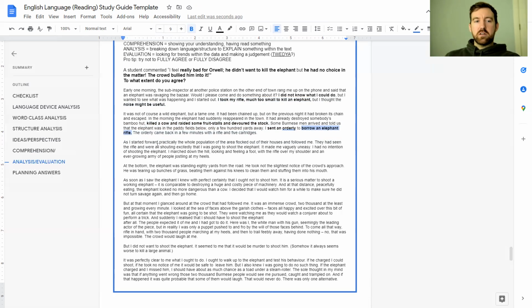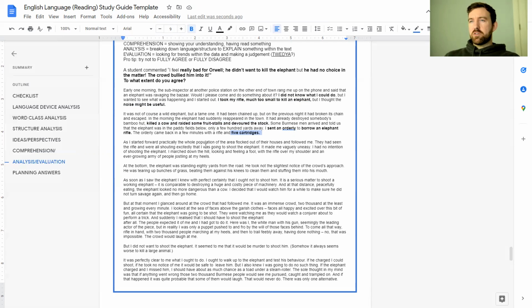So we can infer from that it's a rifle intended to kill an elephant. The orderly came back in a few minutes with a rifle and 5 cartridges. Now, even just the imagery of the 5 cartridges maybe also shows a little bit of an intent, because it's not like he's got 1 or 2, he's got 5 rounds of bullets to take this elephant down.